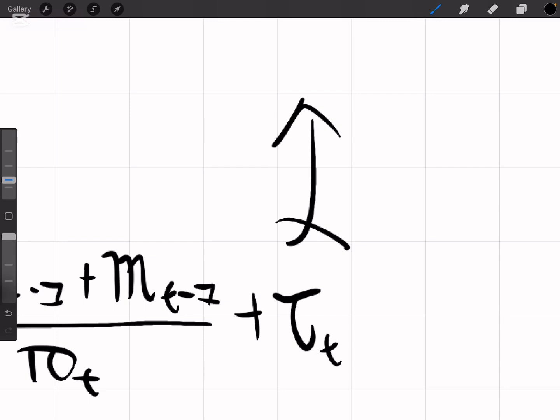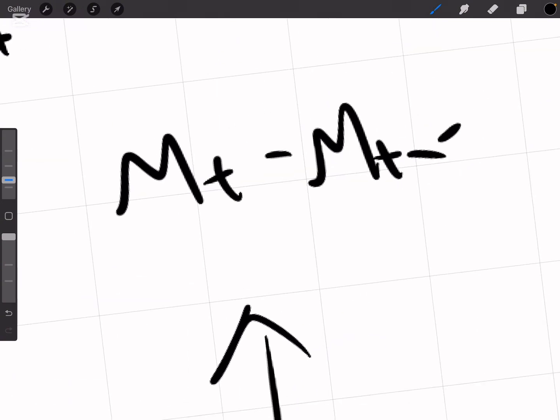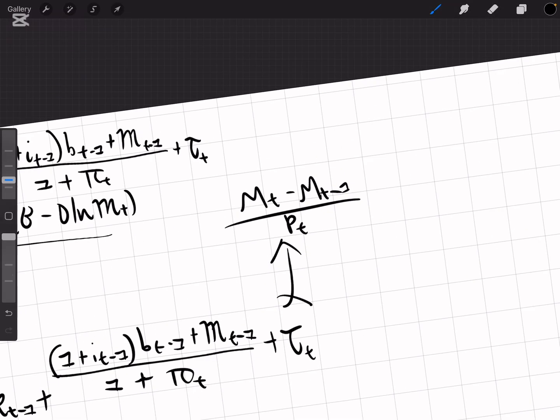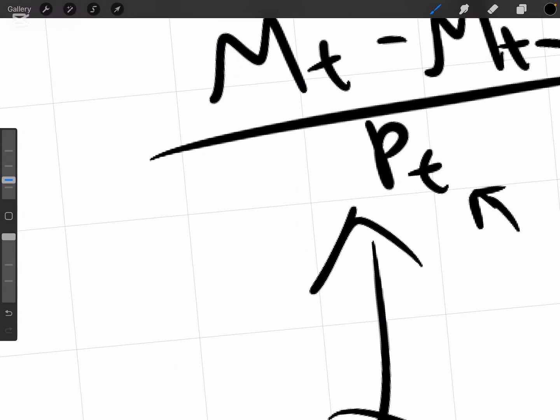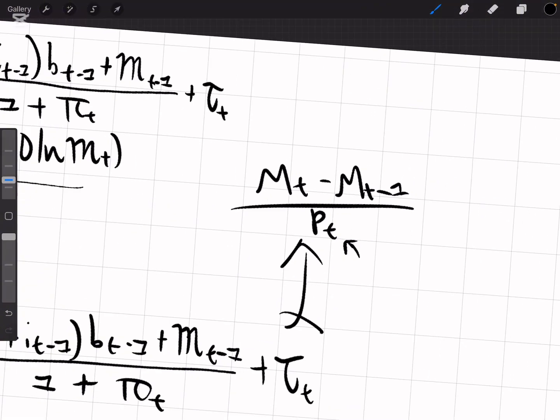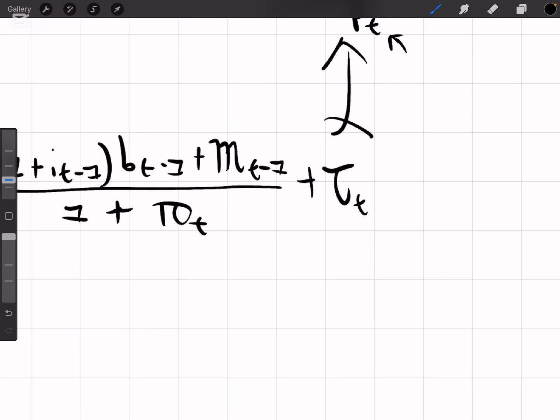Well, it did say on the assignment. What's tau equal to? Oh, it literally says right here. Okay, tau is M_t less M_{t-1} all over P_t, the price level. Bada bing, bada boom.